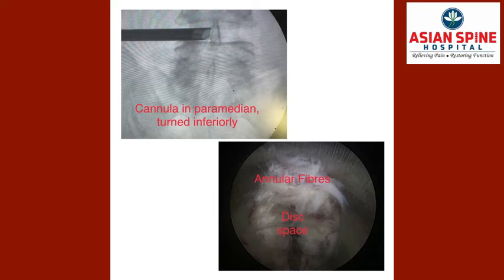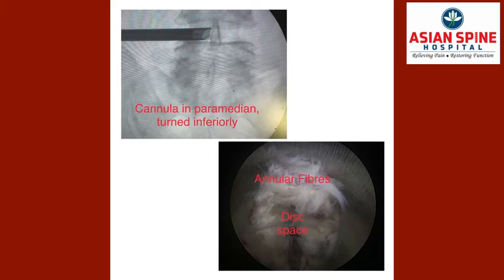Here, being a left-sided case, we are standing on the left side of the patient. So 9 o'clock is superior or cranial, 3 o'clock is inferior or caudal. You see the annular fibers like this when you are in this position.